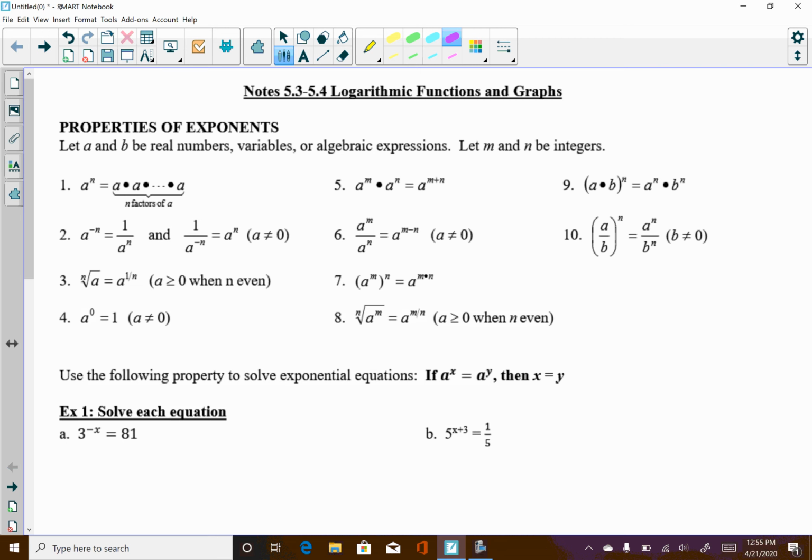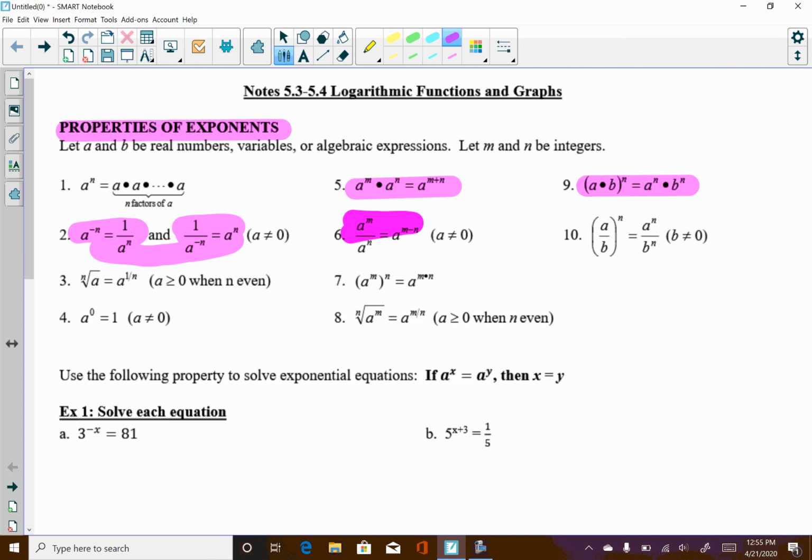All right, so at the top of the set of notes here are basically just properties of exponents that you should already know leading into this class. For example, when you multiply, you add your exponents. When you have a quantity raised to a power, everything in there gets raised to that power. When you raise something to a negative exponent, you just swap places.